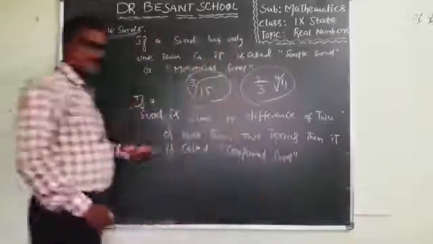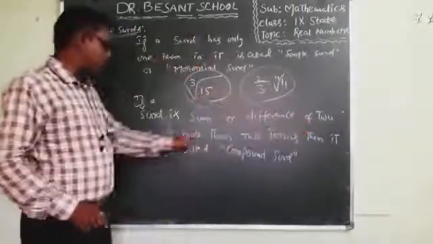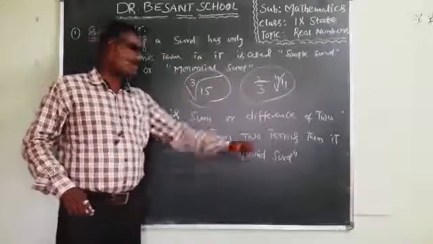See children, if a surd is a sum or difference of two or more than two terms, then it is called a compound surd.